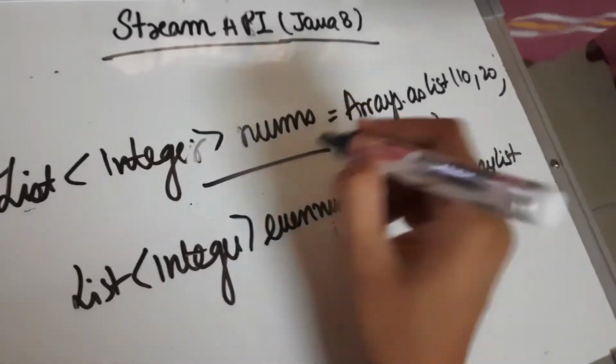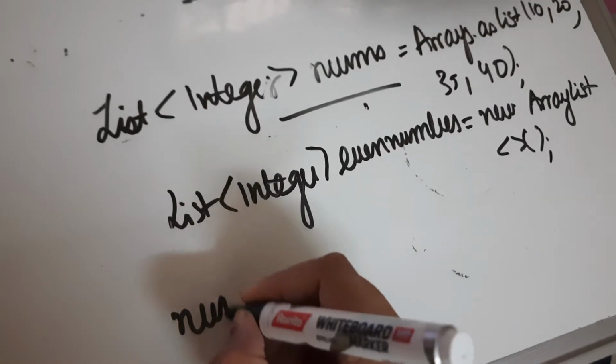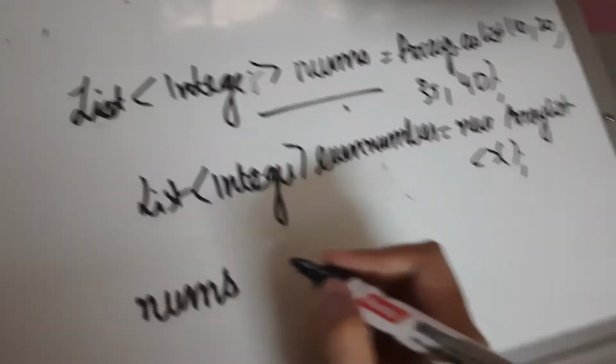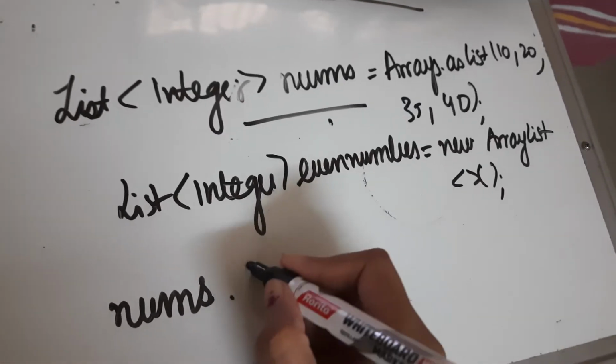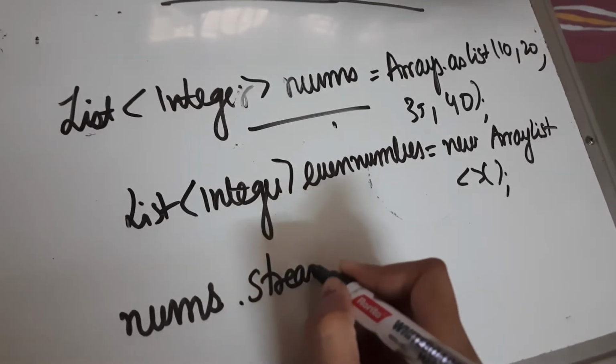Since we have nums, our main ArrayList having our numbers 10, 20, 35 and 40, what we will do is, since all these functions belong to stream, we'll first of all stream through it.